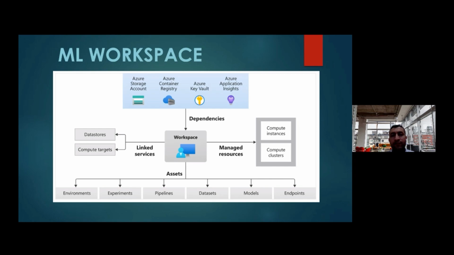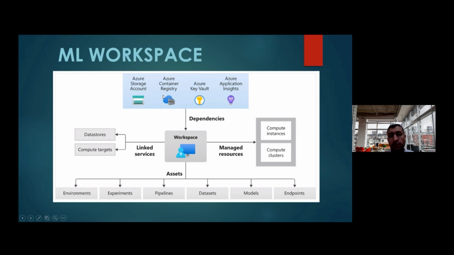That's why, at the top here, you can notice that once you create a machine learning workspace, you will find that by default there is an Azure storage account created to host the artifacts, logs, and all the data related to this specific workspace. We also have Azure Key Vault to store the sensitive data about our experiments and our computes related to this workspace. And we have Azure Application Insights to make proper monitoring of what's happening inside this workspace.